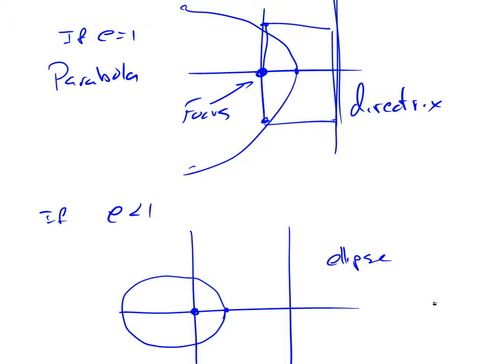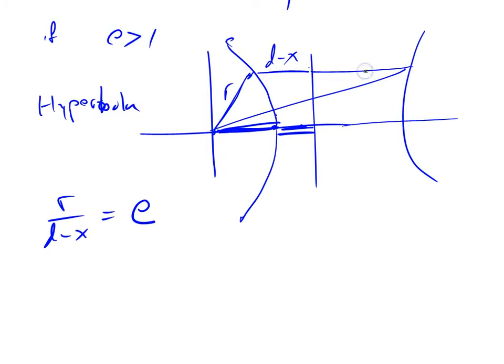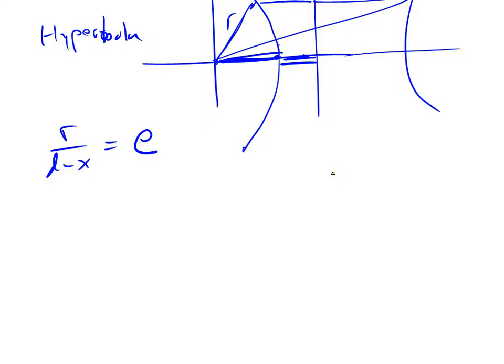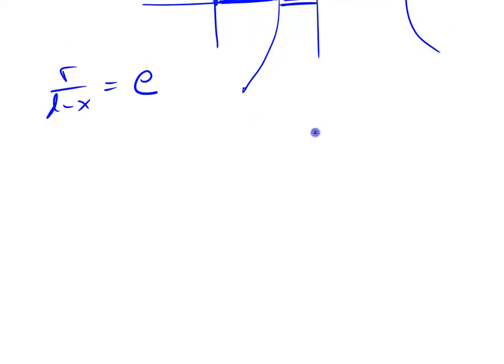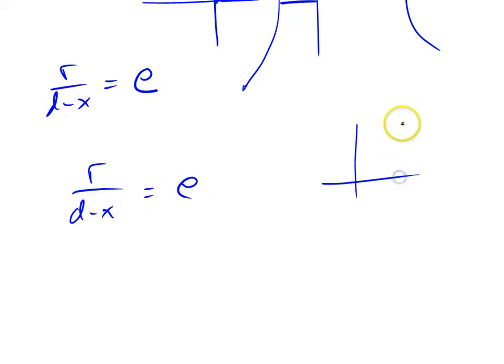Now, I should do a little algebra here to show you that you do get the equation of a conic section. So let's do that right now. r is the distance from the origin, which, if you got some point (x, y), is, by Pythagoras, the square root of x squared plus y squared.